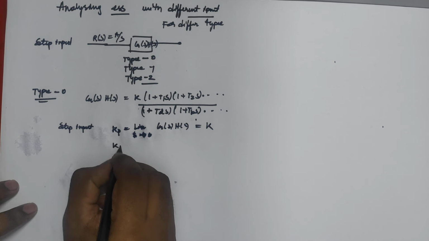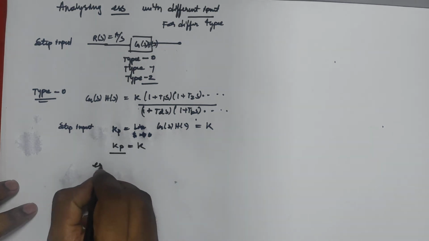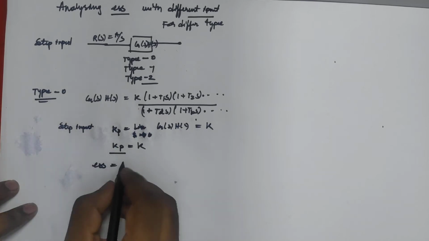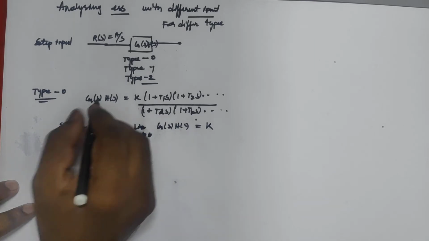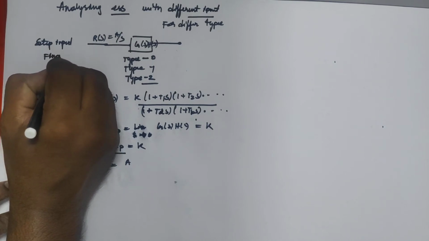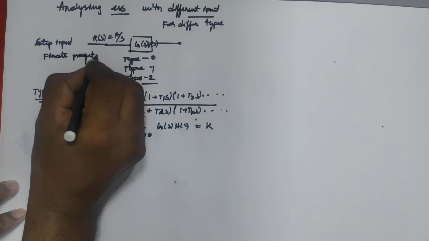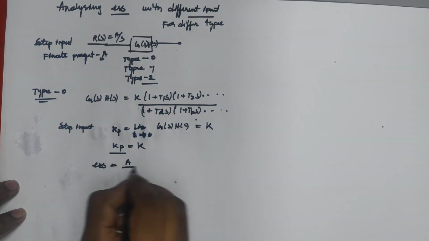So Kp is K. Now if you get Kp, the steady state error for the step input with a finite magnitude, let us say a is the magnitude, is a by 1 plus Kp.